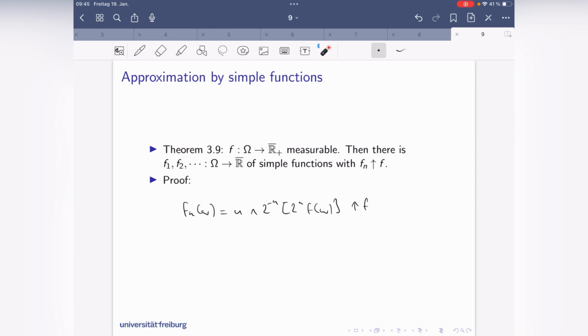And then it becomes finer and finer. Of course, because the square bracket is always smaller or equal to f of omega, I approximate from below my f of omega. And increasing n makes the resolution arbitrarily good, which means that fn of omega increases to f of omega by construction.